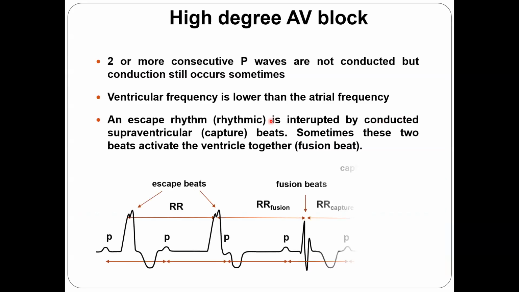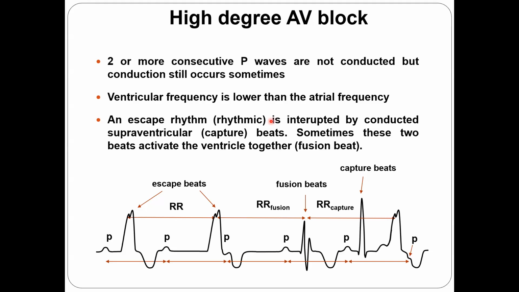High degree blocks. Now, that's a little bit difficult to understand. First of all, most of the time, or some segment of this ECG, is rhythmic. Because if we do not have conduction between these two points, it means that the ventricle cannot be contracted.